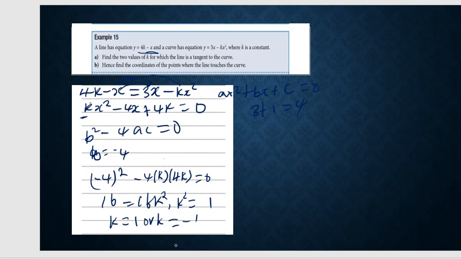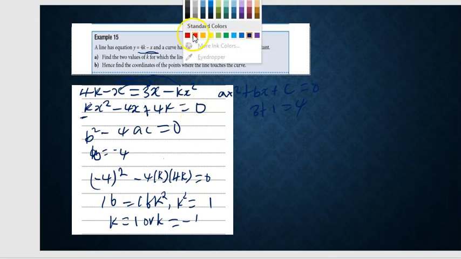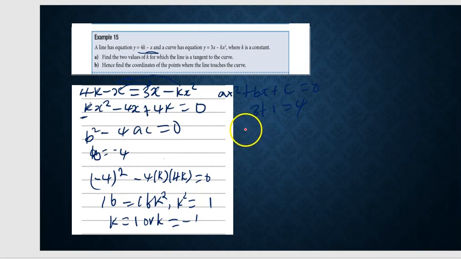For B, hence find the coordinates of the point where the line touches the curve. So let's take a different color. This implies that when k is equal to 1, x squared minus 4x plus 4 is equal to 0.